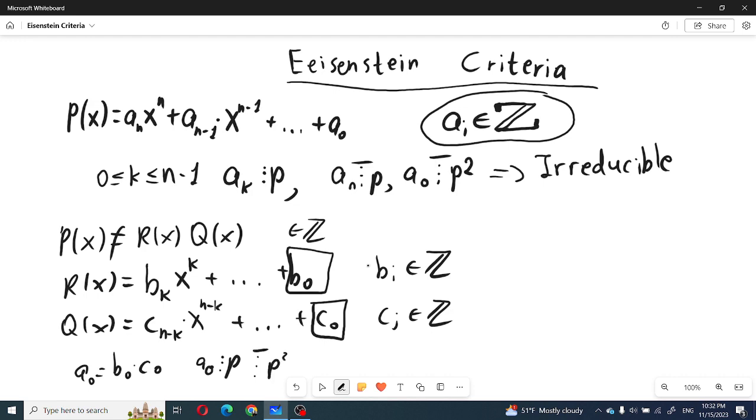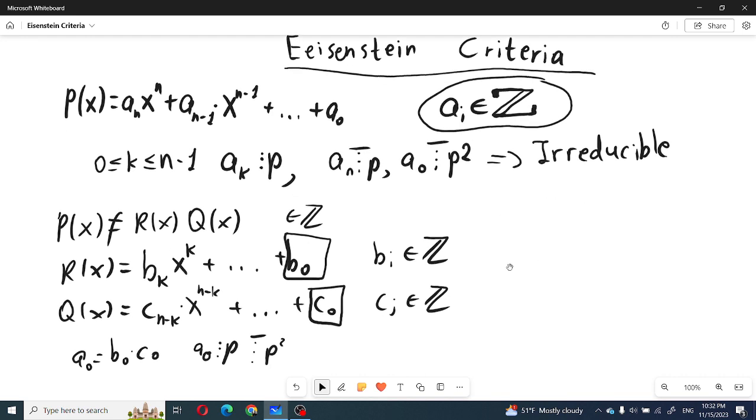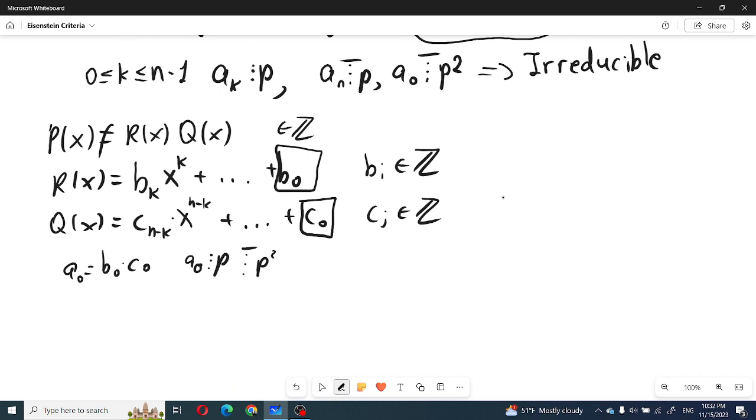So this means that exactly one of b_0 or c_0 must be a multiple of p. Without loss of generality, we can assume that b_0 is divisible by p, and c_0 in this case can't be divisible by p. Otherwise, we will get that a_0 is divisible by p squared.